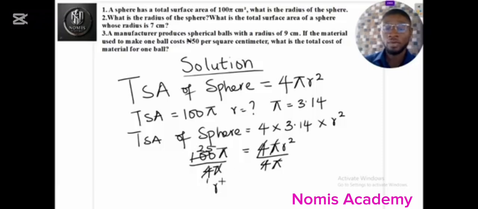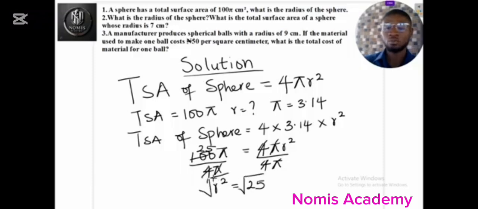So r squared is equal to 25. This is not the final answer. In your options, you could see 25. But remember, you are looking for the radius, not the square of the radius. So there is need for you to find the square root of both sides. Square root both sides.